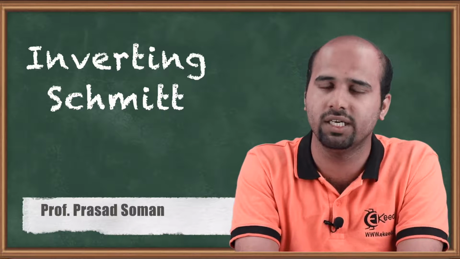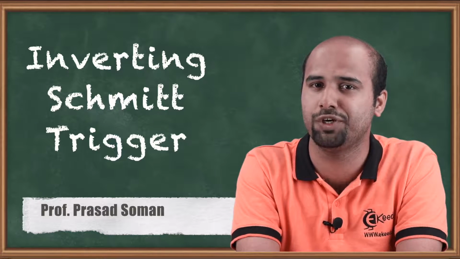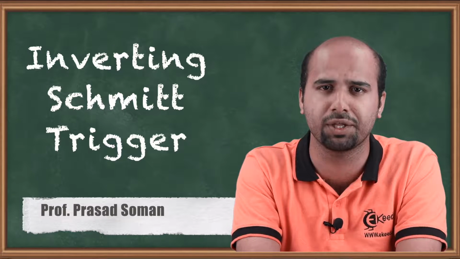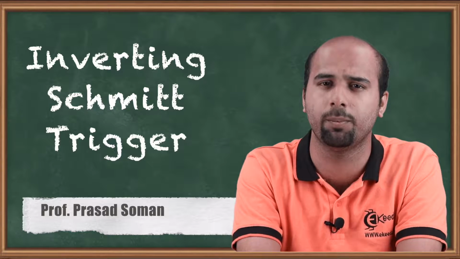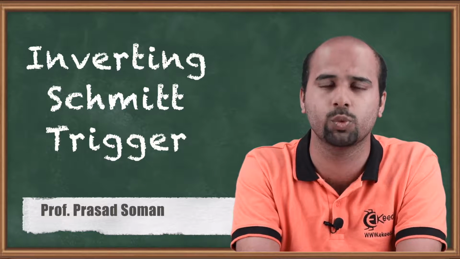Hello friends, here in this particular video session, after completion of video session for comparator, we are looking for Schmitt trigger, that is one of the application of comparator circuit. In this video session, we will start up with case A of Schmitt trigger, that is inverting Schmitt trigger.